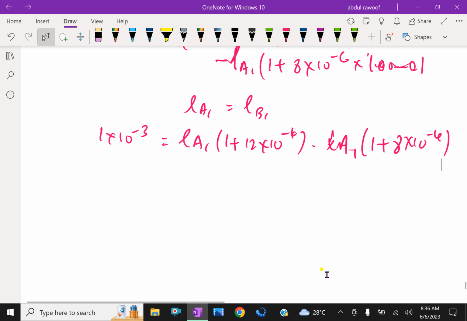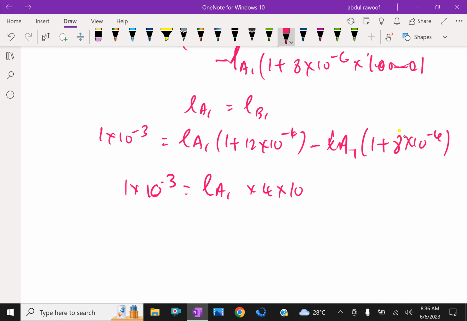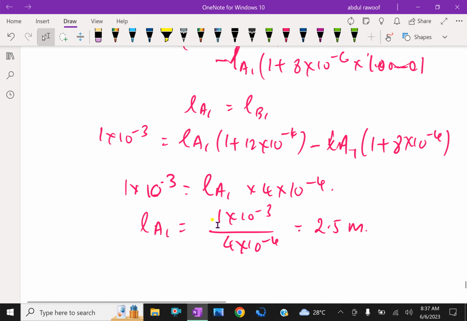So we have 1 into 10 power minus 3 equals LA1 times 12 minus 8, which is 4 into 10 power minus 4. Therefore, LA1 is 1 into 10 power minus 3 over 4 into 10 power minus 4, which gives 2.5 meter. Now we got LA1.